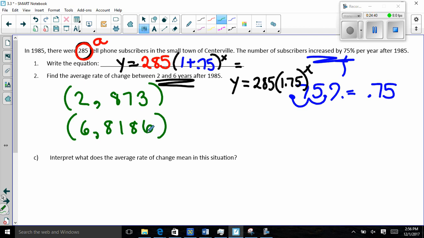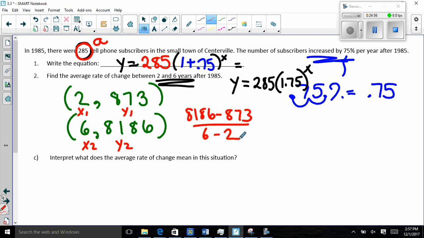Now I want to figure out what's the average rate of change of people having cell phones in town from 2 to 6 years. So again, I label, and I plug it in the slope formula. So 8,186 minus 873 over 6 minus 2.